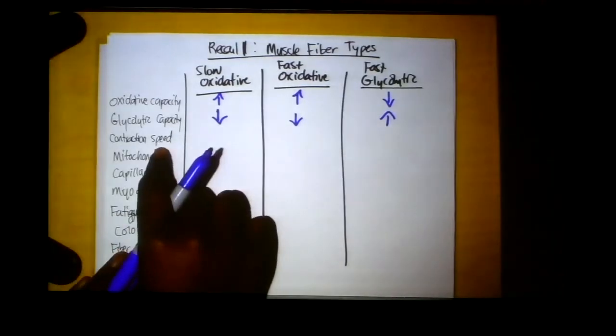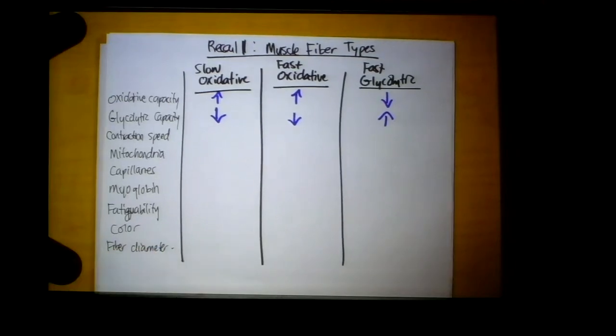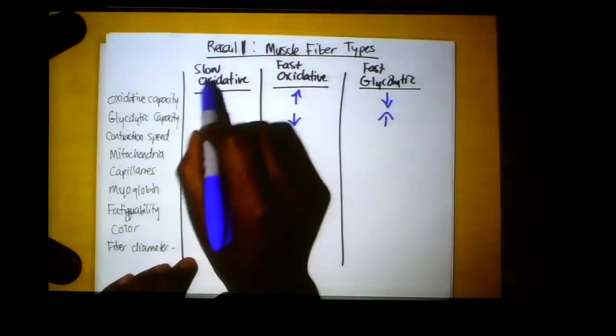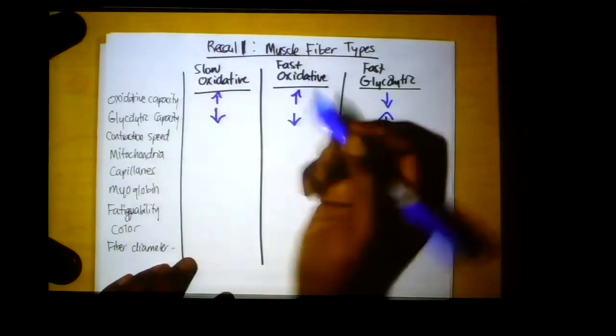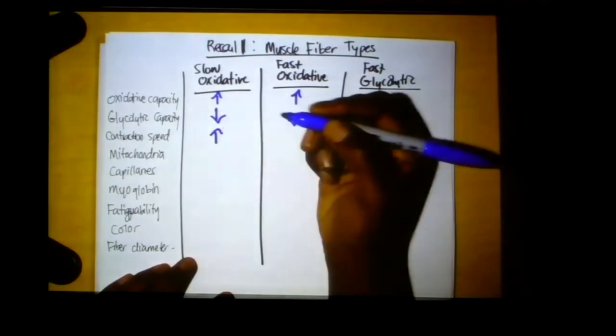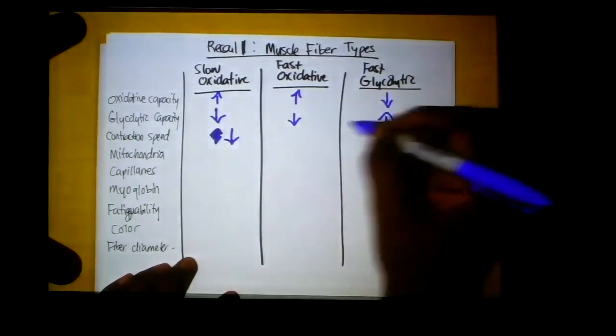Let's look at the contraction speed. What is the contraction speed of slow oxidative fibers? It's going to be slow, right? Again, the first name is telling us about the type of myosin ATPase activity. So we know that the contraction speed here is slow, whereas for these two types of fibers, it's going to be fast.